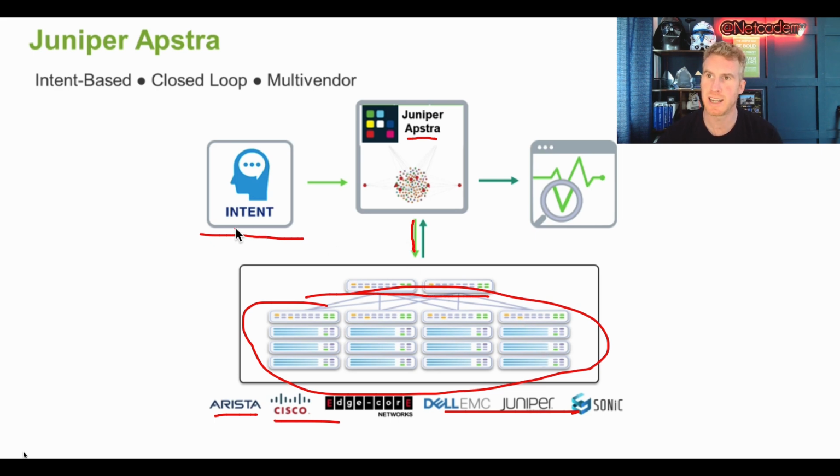And it's taking that original intent, i.e. I want something A, I want something B, I want this routing policy, I want this security policy, and it's deploying it onto the network. And then from the network, all the telemetry is coming back up to Juniper's Apstra, and it's able to compare apples to apples as such.